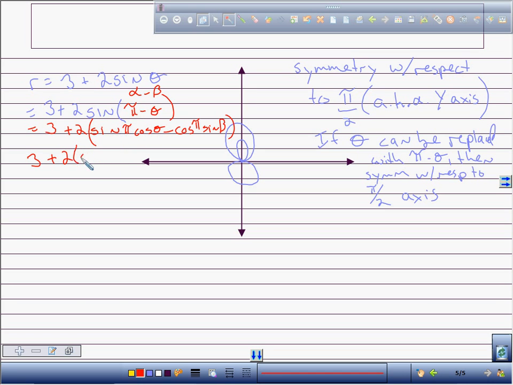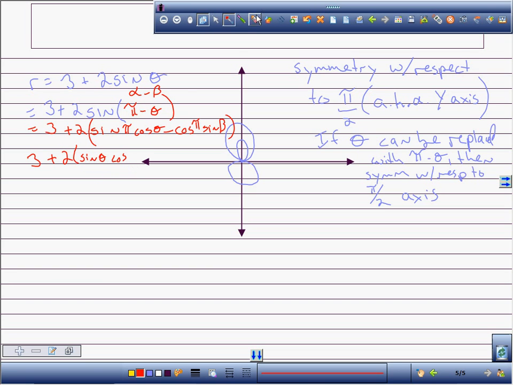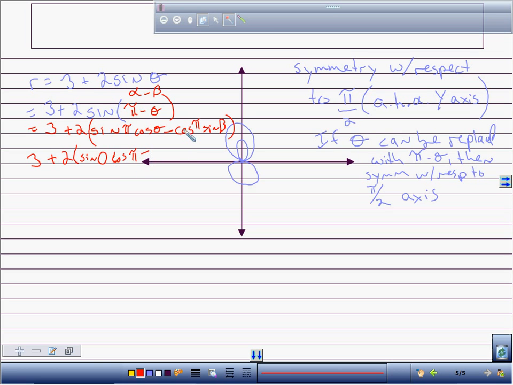This is like 2 sine 0 cosine pi minus, what's a cosine pi? The cosine of pi is negative 1.